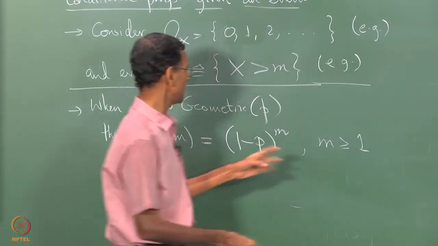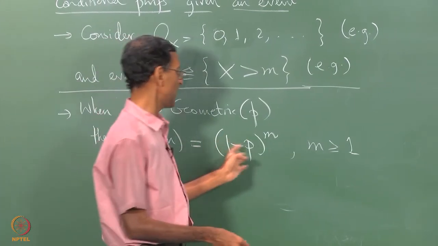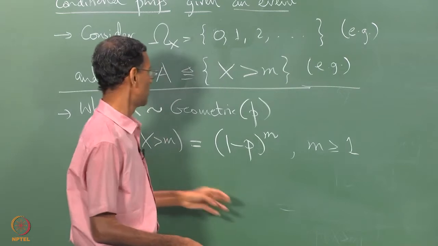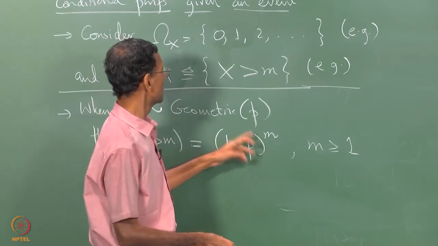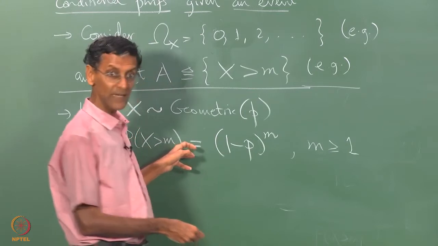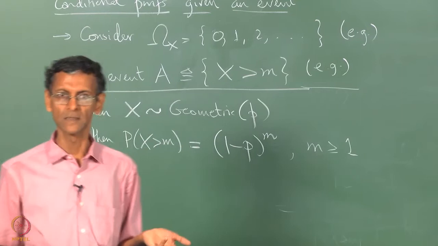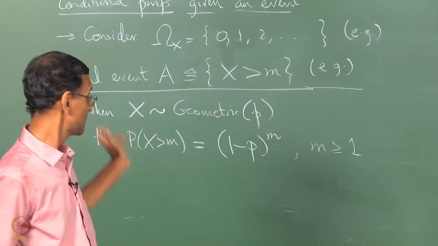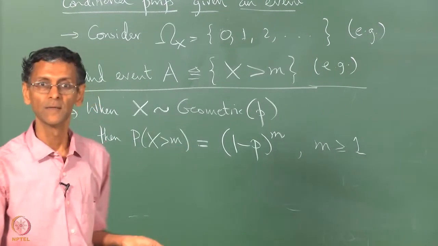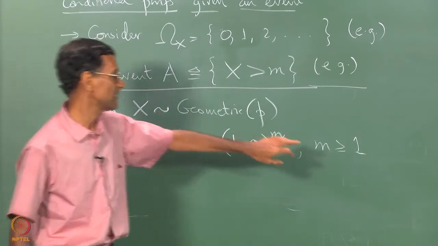In fact it is true for M equal to 1 also, because X greater than 1 is perfectly valid. That means the first trial is a failure. So this is perfectly valid for M equal to 1 as well. It is valid for all values of M as given here.